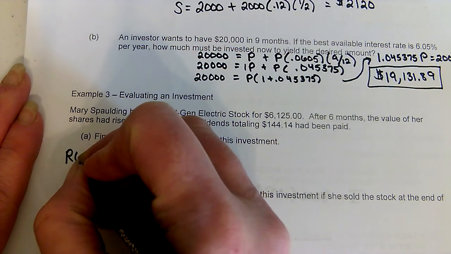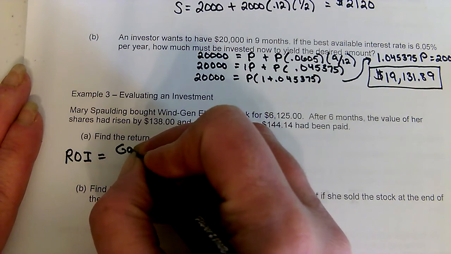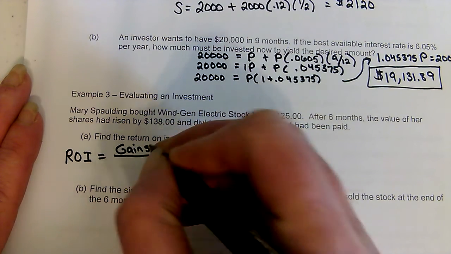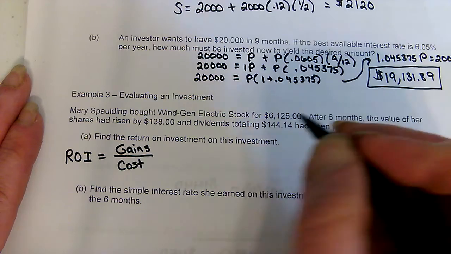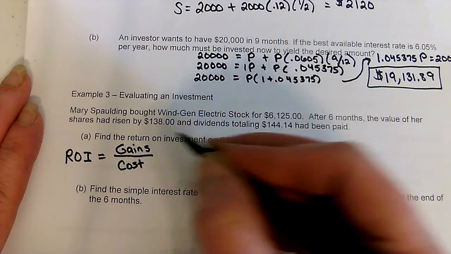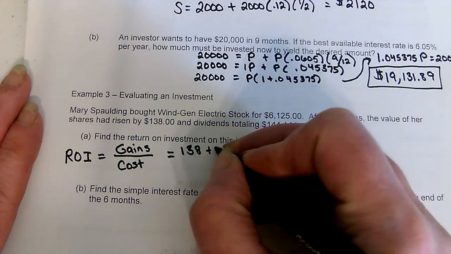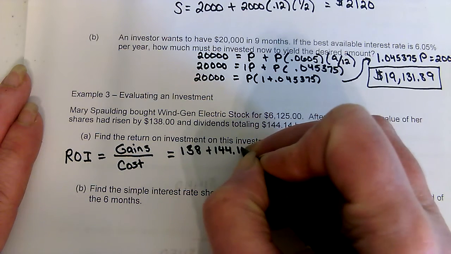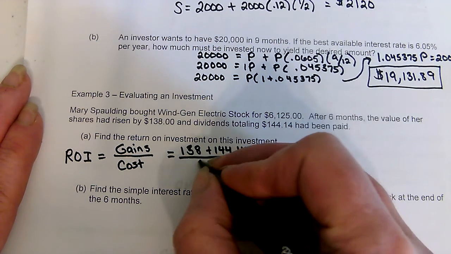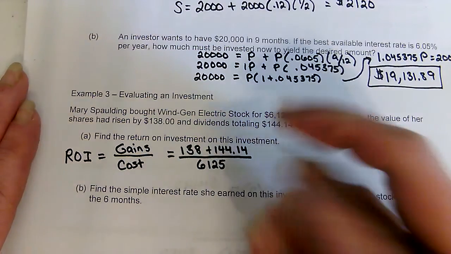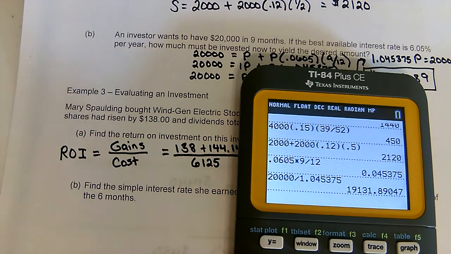Return on investment would be equal to the gains we've had divided by the cost of the investment. So what has she gained? She's gained the value of her stocks of $138 plus some dividends, divided by how much she paid, which was $6,125. This is called the return on investment.